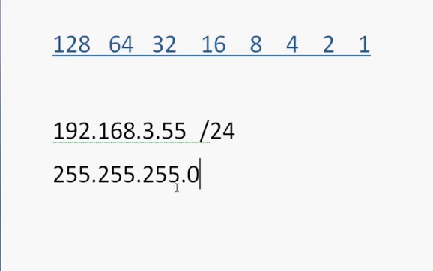Well, these right here are octets, okay? So each octet is 8 bits in length. If we were to write out 255.255.255.0 in binary, it would look like this.